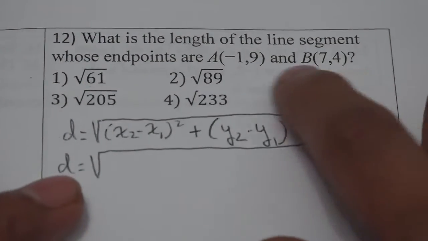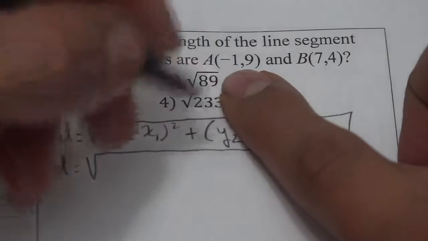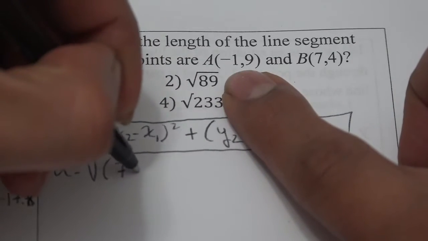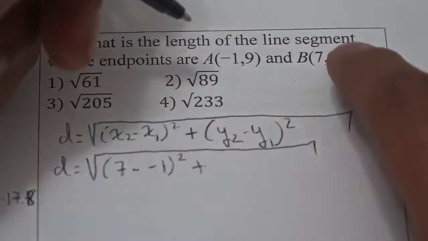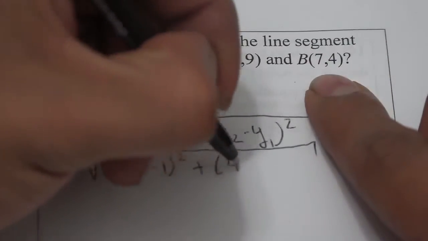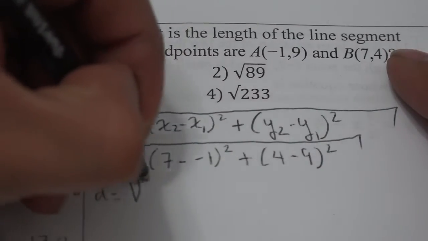Sure, let's make this the 2's and this the 1's. So I have x2 minus x1, so that will be 7 minus negative 1 squared plus, and now y2, 4 minus 9 squared.